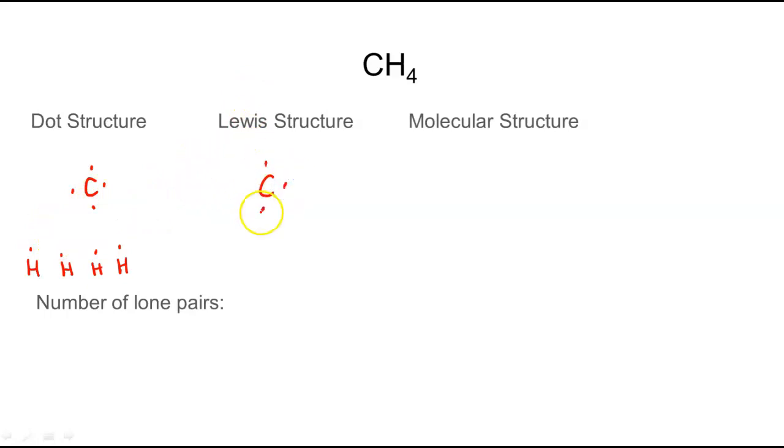So if I take my carbon, which has the most bonding sites, I can attach a hydrogen over here. That allows the hydrogen to get those 2 valence electrons. I can attach another hydrogen over here. That allows this hydrogen to get the 2 valence electrons. Attach another one here, and then attach the last one over here. All right, so the hydrogen has its 2 valence electrons that it wants.